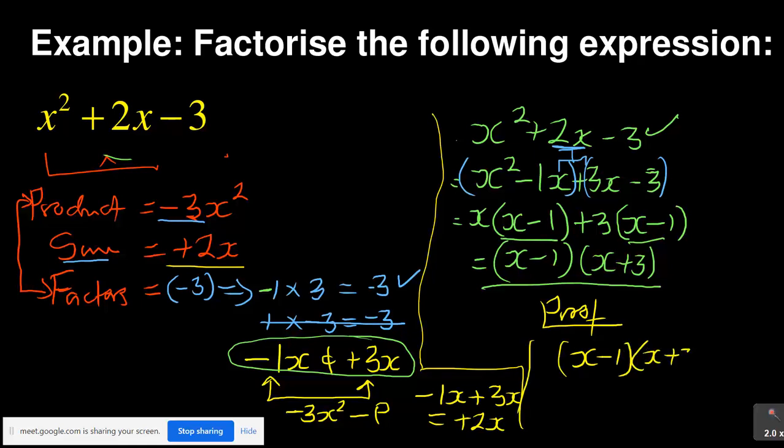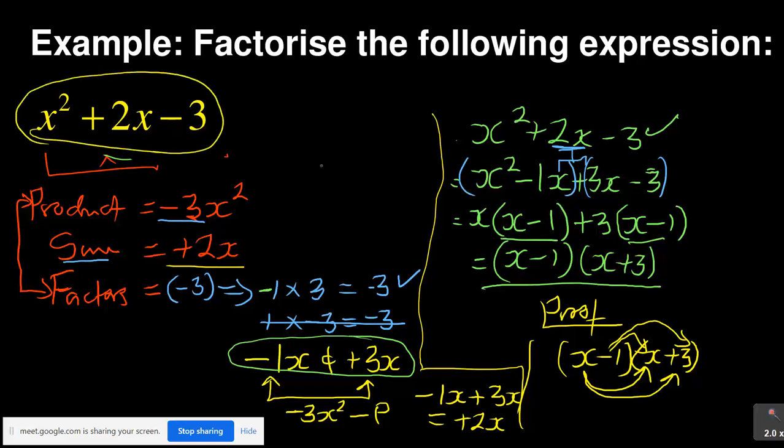Please, this is very important, because sometimes you might have made an error with your signs, whereby you need to open that and open that. It must take you back to your original, which is that. Don't forget, you need to always prove your answer, because that is where you'll be marking yourself to say, you know what, I know I got it right. You know what I mean?